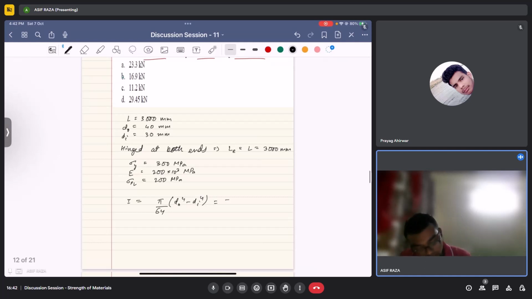Let's substitute this and find it. 40 to the power 4 minus 30 to the power 4, into pi by 64.